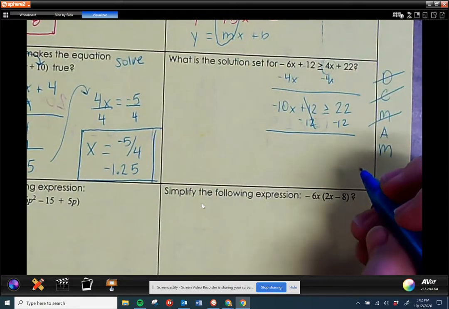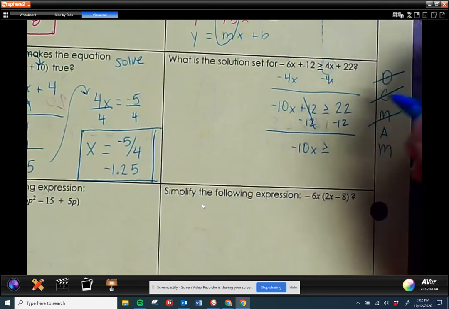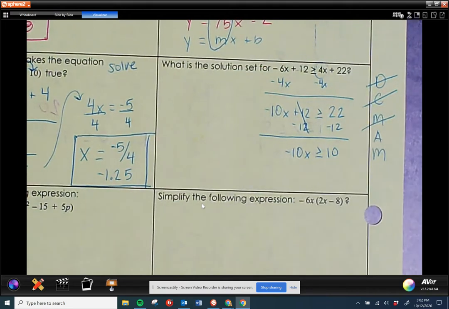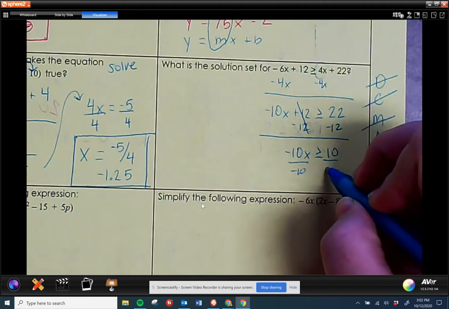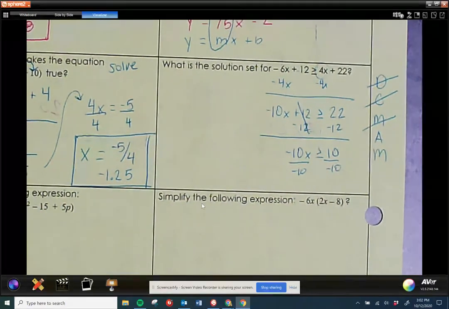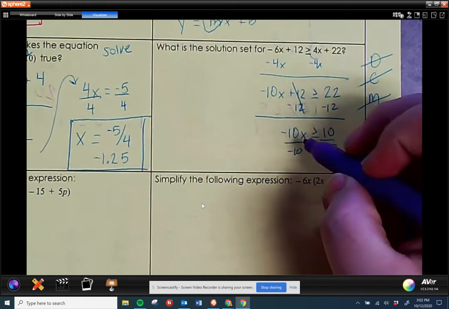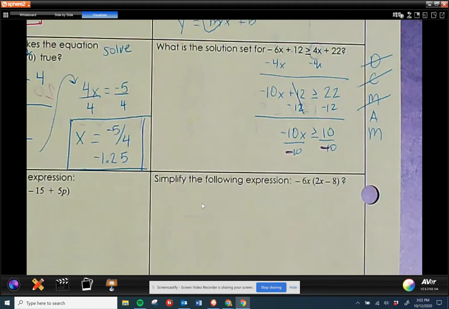That cancels over here on the left, and I'm left with negative 10x is greater than or equal to 22 minus 12, which is 10. Okay, so I will go ahead and divide both sides by negative 10 in order to get my final answer. Don't forget, when you are working with inequalities and you divide by a negative, you are going to have to flip your symbol.